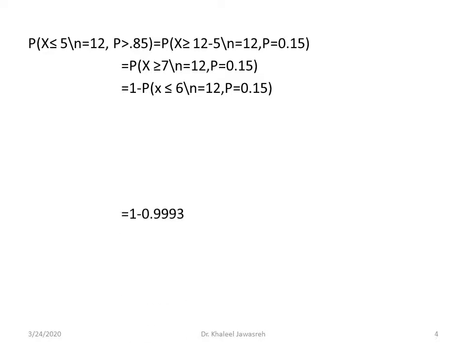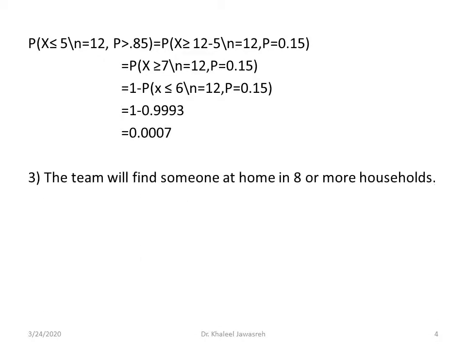From the table it is 1 minus 0.9993. We take 0.9993 from the table when the probability is 0.15 and n equal to 12, taking x less than or equal to 6. This is the final answer.